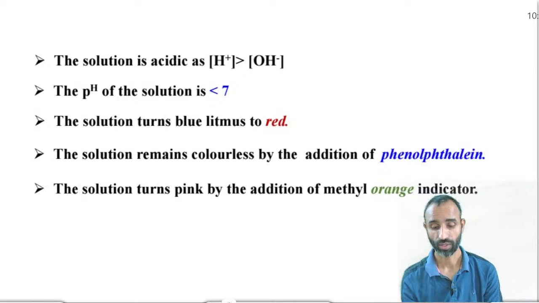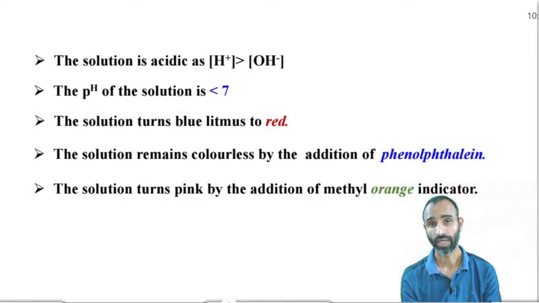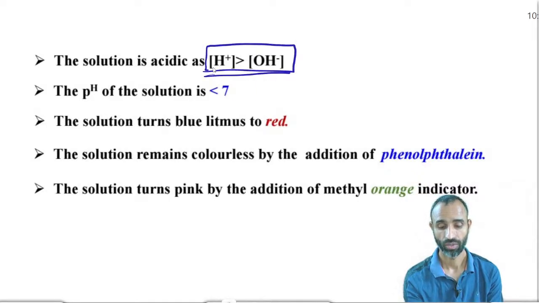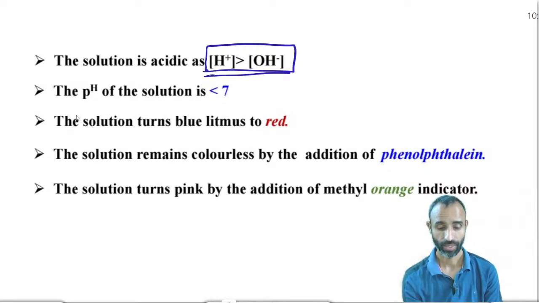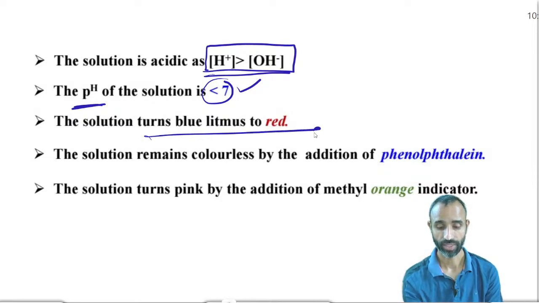As one of them is weak, it can be hydrolyzed, and obviously as the acid is strong, H+ concentration is greater than OH- concentration, and pH of the solution is less than 7, and obviously it turns blue litmus to red.